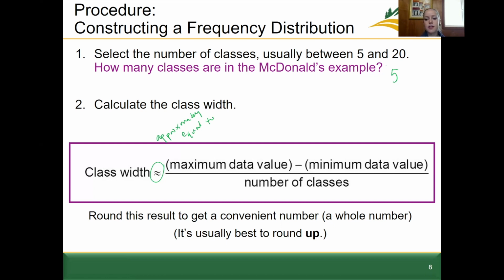In our example here, we have 5 classes. The main rule for picking the number of classes is to stay between 5 and 20. Now we would take the class width that we calculated and round this to get a convenient whole number. It's usually best to round up so we can be more inclusive with the data set that we have.